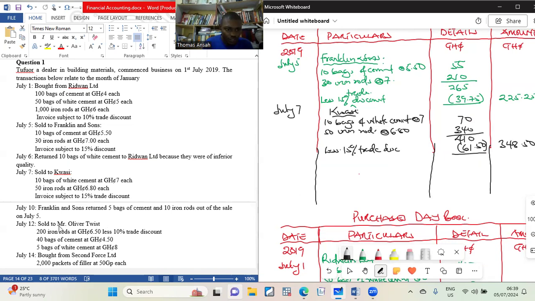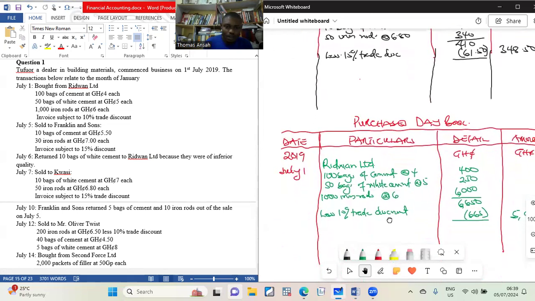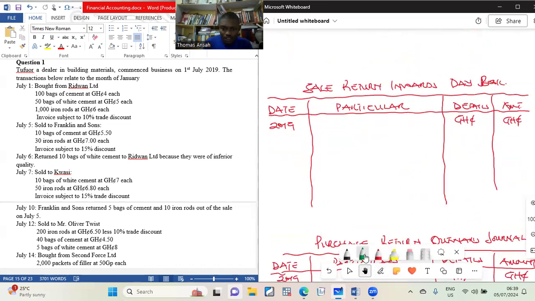Now, I could see there's another sale, but before that sale, there's a return. Franklin and Sons returned 5 bags of cement and 10 bags of iron rods. The date is July 10.